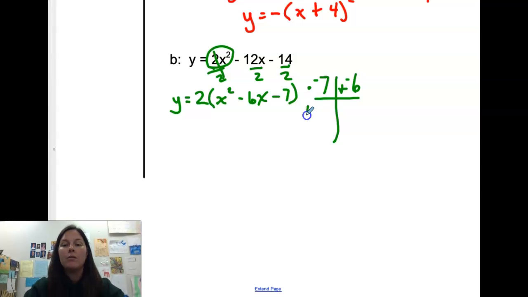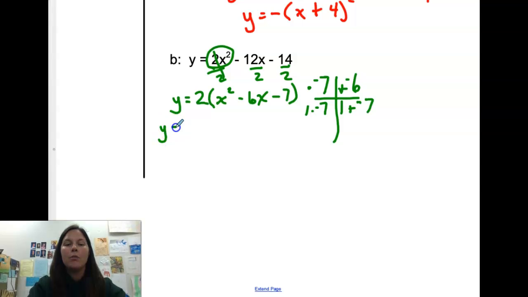Well, the only numbers that multiply to 7 are 1 and 7. In order to multiply to a negative, I need one of them to be negative. Since I'm adding to a negative, I need my larger number to be negative. So 1 plus -7 would mean I spent $6 more than I had, which would give me that -6 as a result.